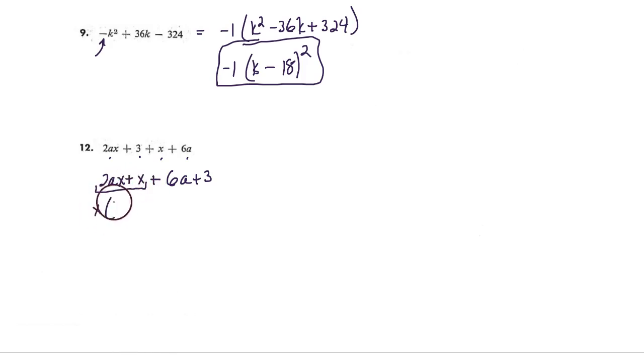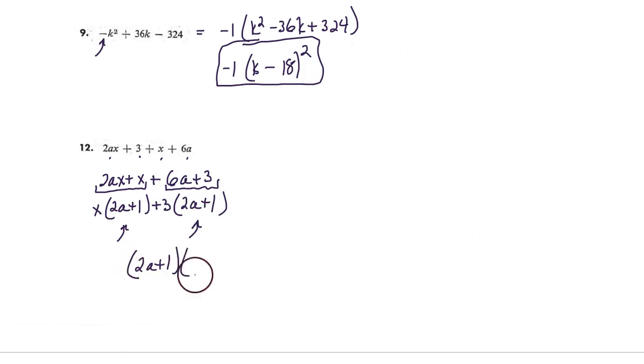So we get x times 2a plus 1. Then we can look for a GCF here. See how they both divide by 3? So we can write 3 times 2a plus 1. Now observe that both of them have a 2a plus 1. So we can write the 2a plus 1 down, and then in another set of parentheses, use this and use this.